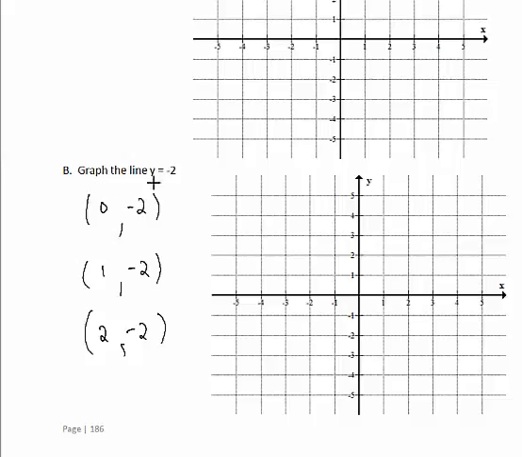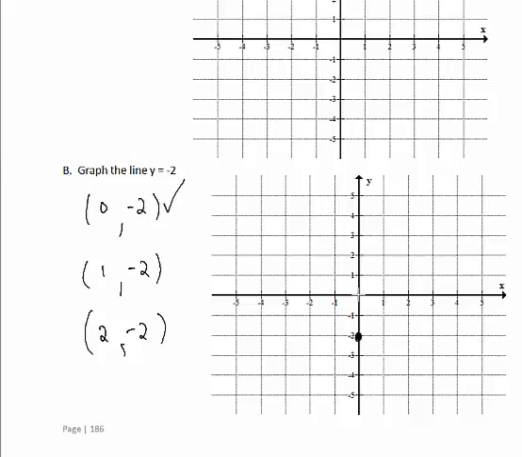So we plot this first one, 0, we don't shift left or right. The x coordinate tells us with respect to the origin whether to go left or right. 0 just means we stay put. And when we read the y coordinate, it tells us whether we go up or down and by how much. With a y coordinate of -2, we go down 1, 2, and we plot our point. So that takes care of this first one. What about 1, -2?